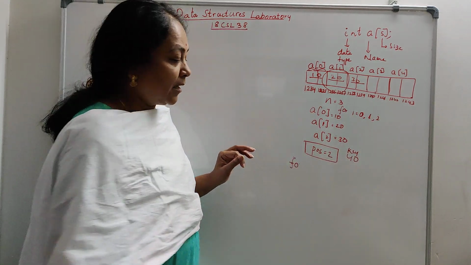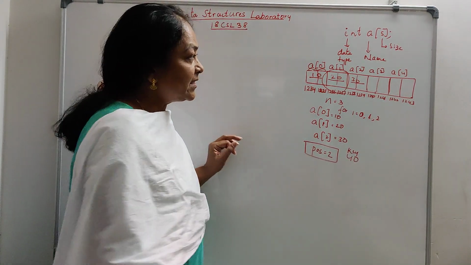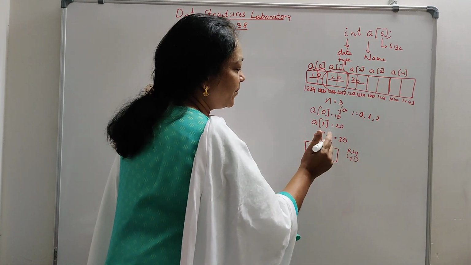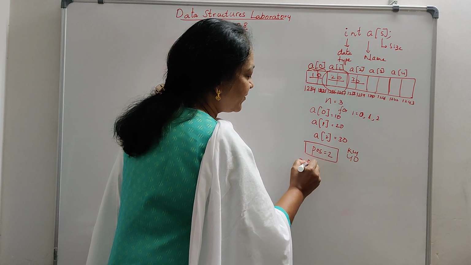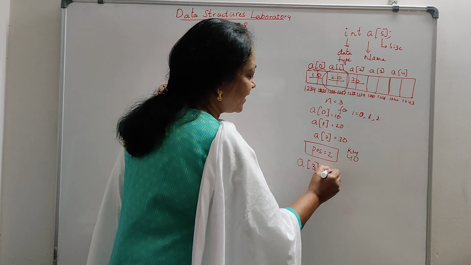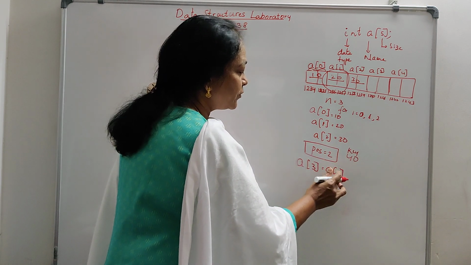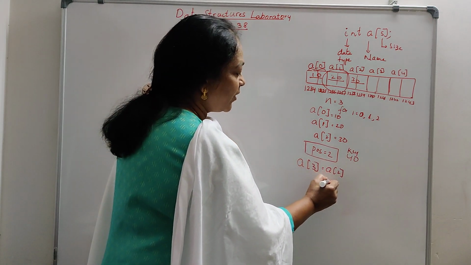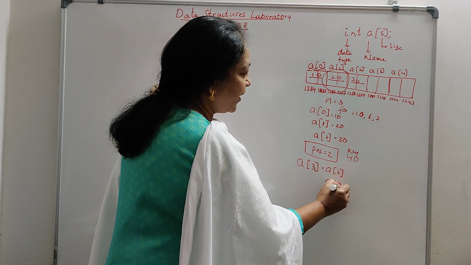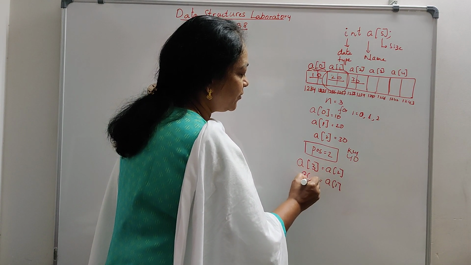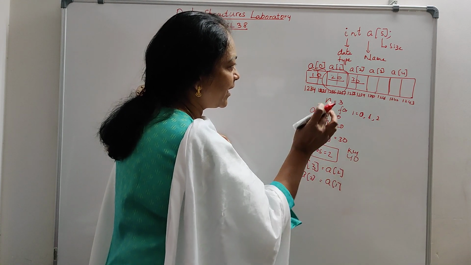Let me put it this way. First, I need to shift this to here. That means whatever is there in a of 2, I want to shift it to a of 3. Next, whatever is there in a of 1, I need to shift into a of 2.